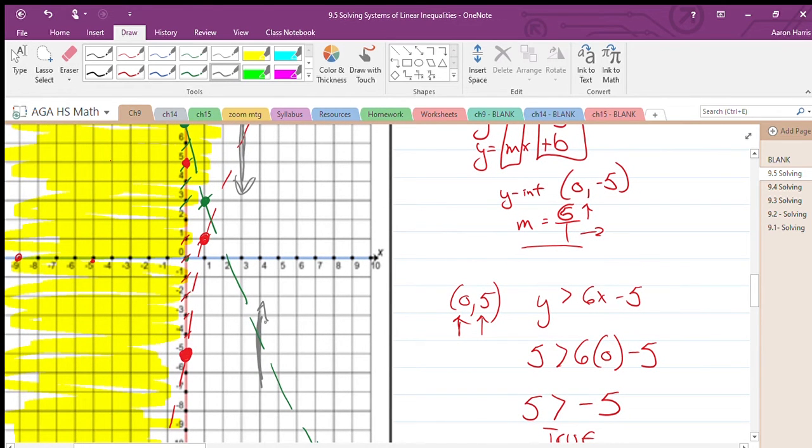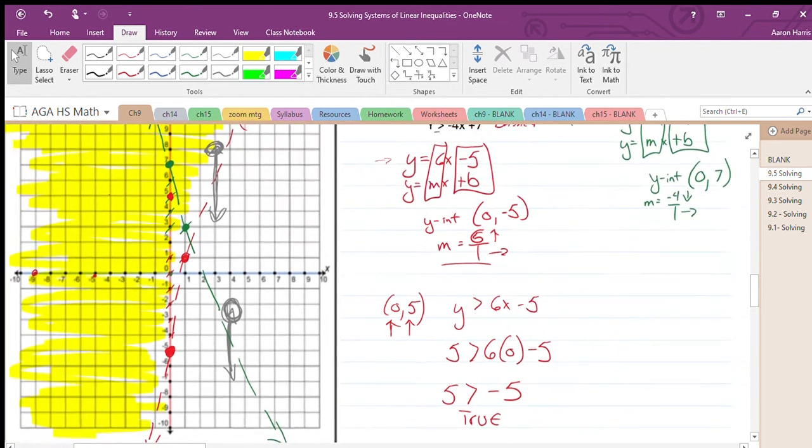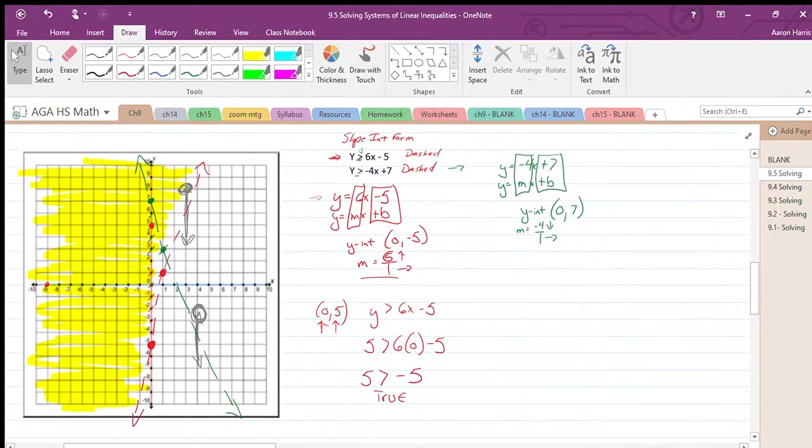Okay. Here's the up arrow, here's the down arrow. It says greater than. This arrow is the one for greater than. So I need to shade everything that is above this green line. So I get this whole area. Does that make sense?